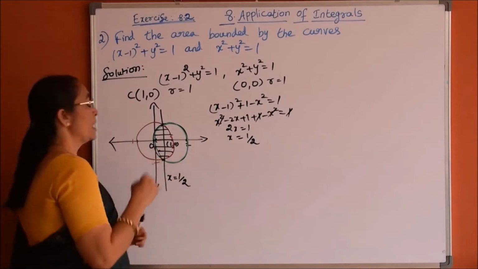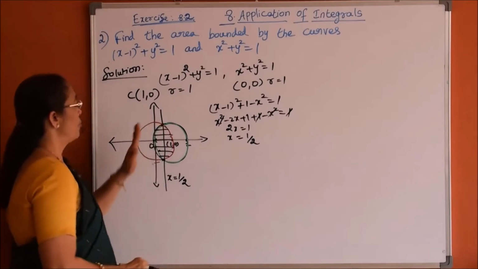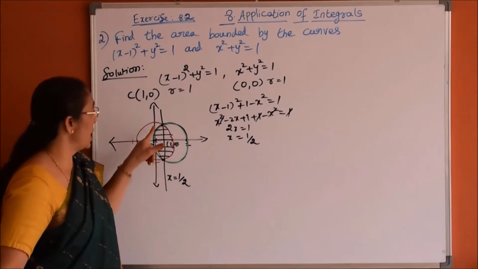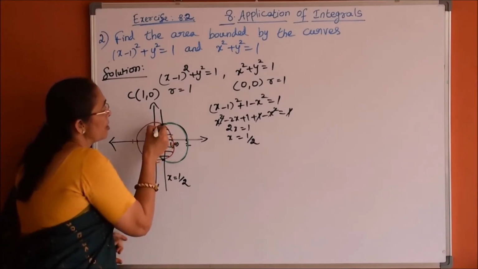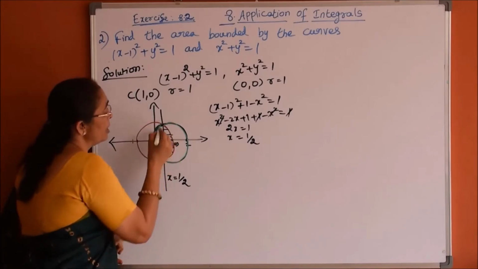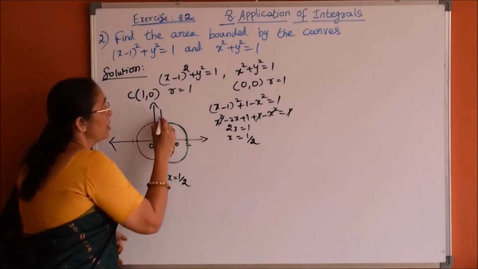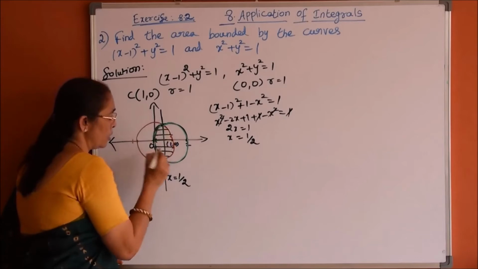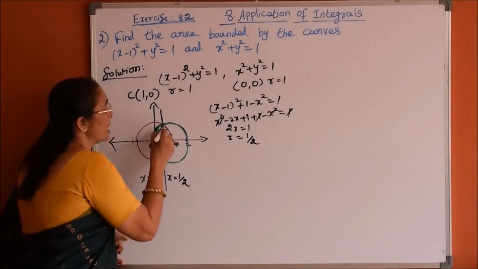Now let us frame the integration to represent this area. First I will consider this area. The first circle, with center (1, 0) and radius 1 unit, between the lines x is equal to 0 and x is equal to half, gives this area.